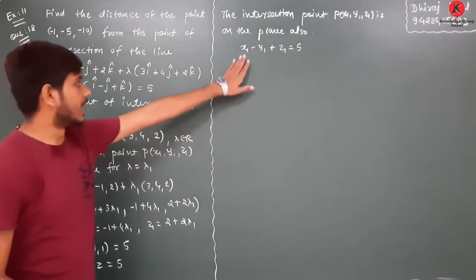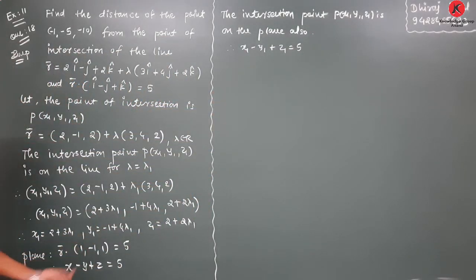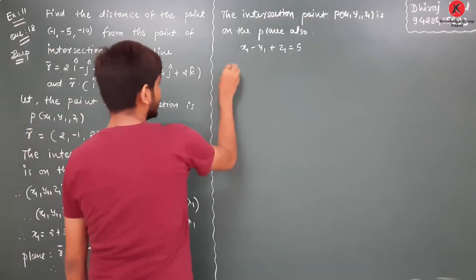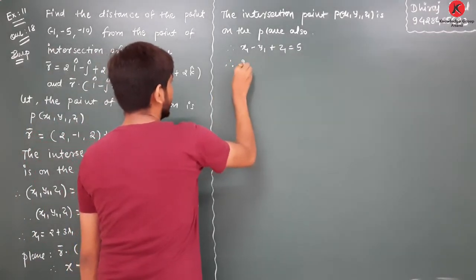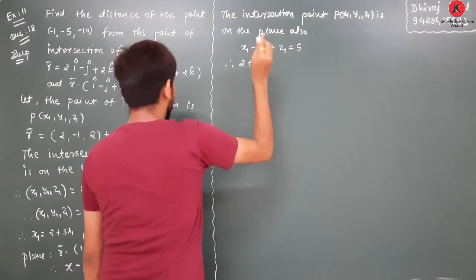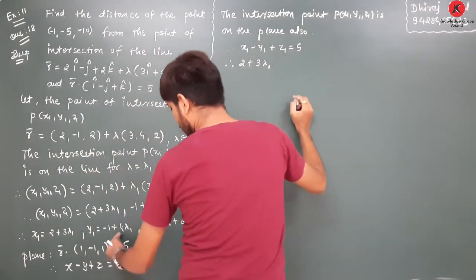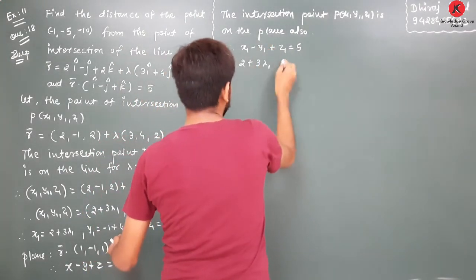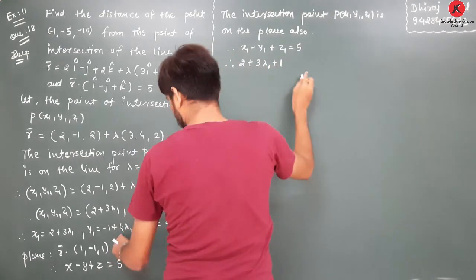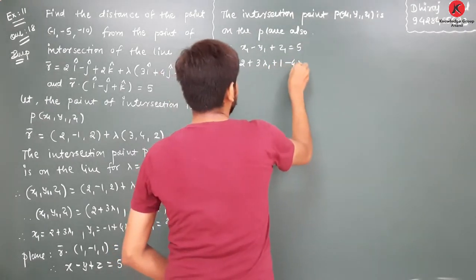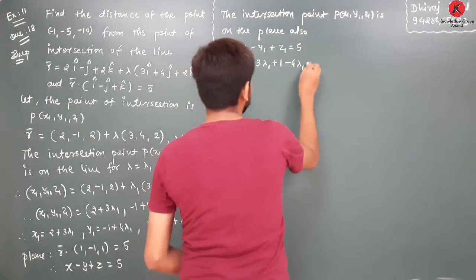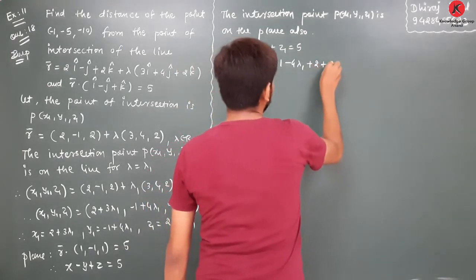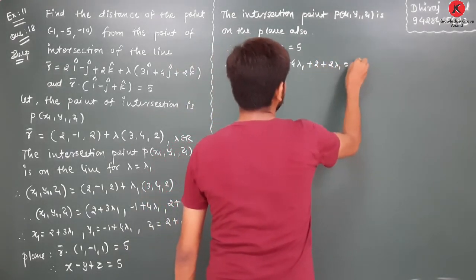And now we know that x1 equals 2 plus 3 lambda 1. Therefore we are getting 2 plus 3 lambda 1, y1 is minus 1 plus 4 lambda 1, but since it is on the negative side, I write plus 1 minus 4 lambda 1, and z1 is 2 plus 2 lambda 1, which equals 5.